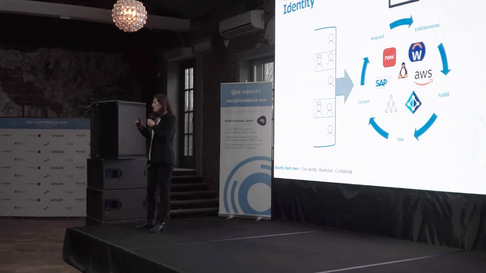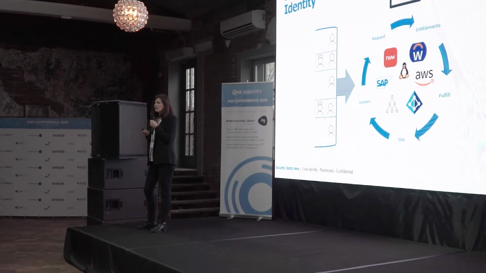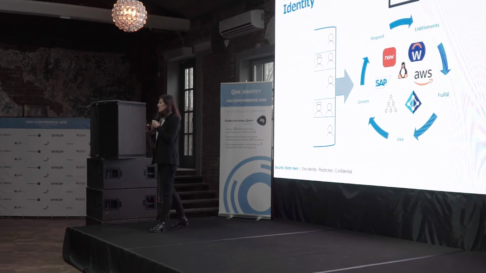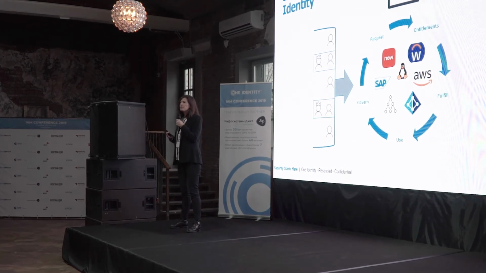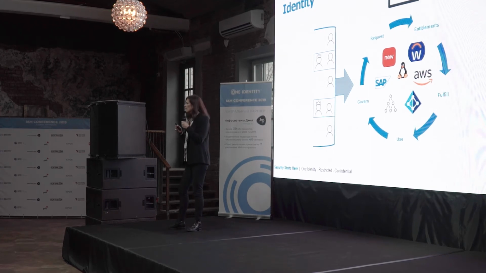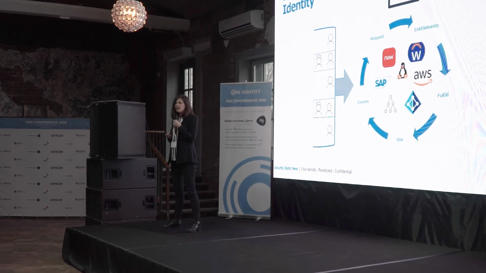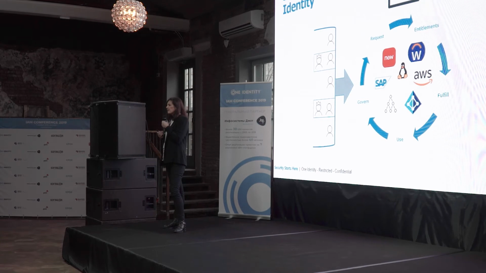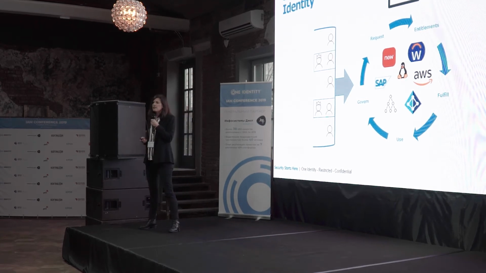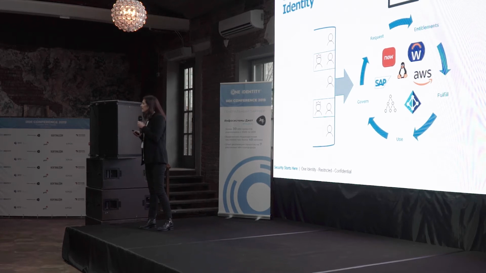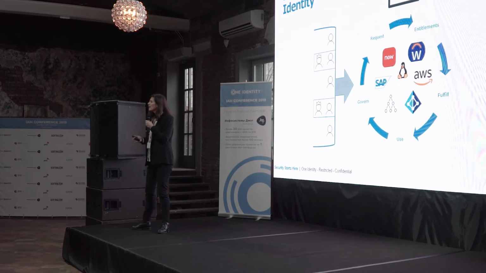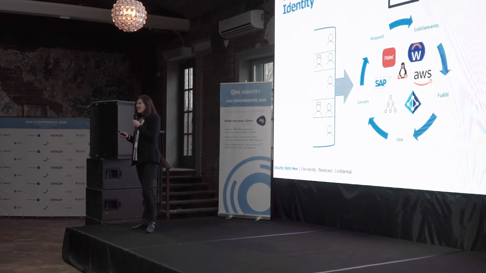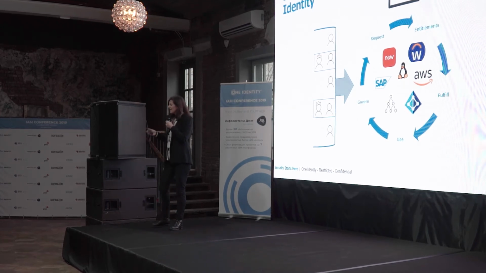If you can get a unified process to control that, your governance will be up to date, and you will be able to prove to your security department that you are actually complying with all your internal security regulations. And this, of course, goes as well with the privileged. So one identity can be a user and have user entitlements as well as privileged entitlements. And you need to manage these in the same way.